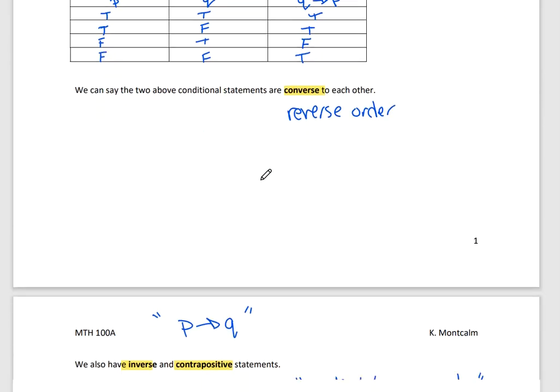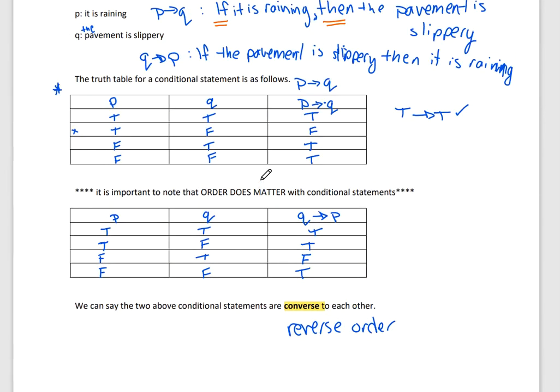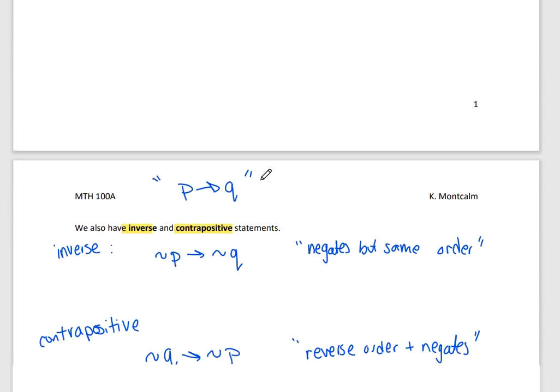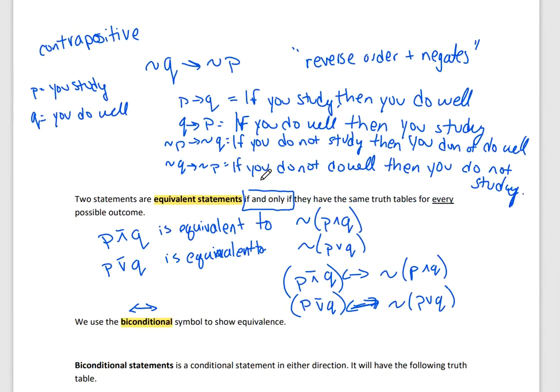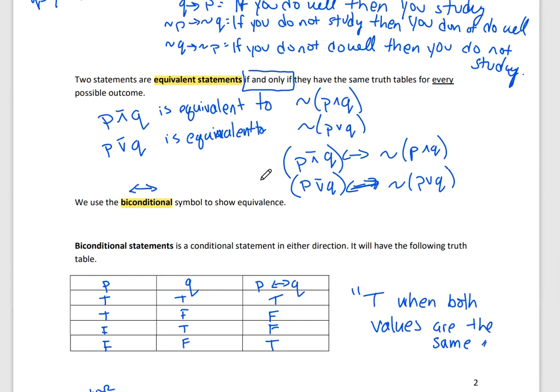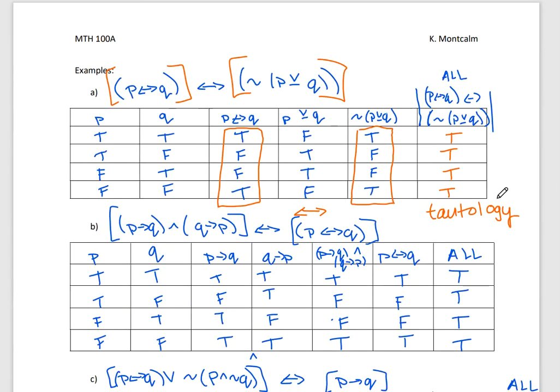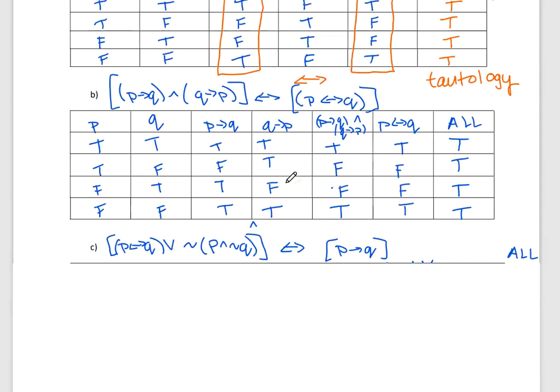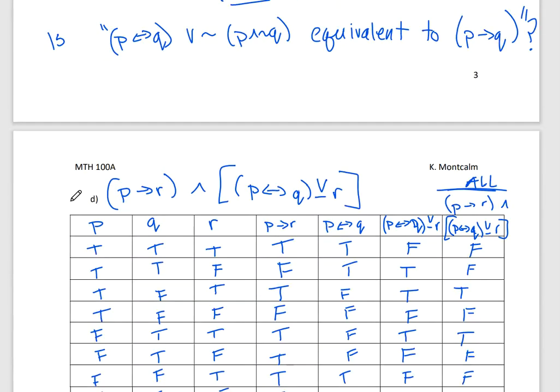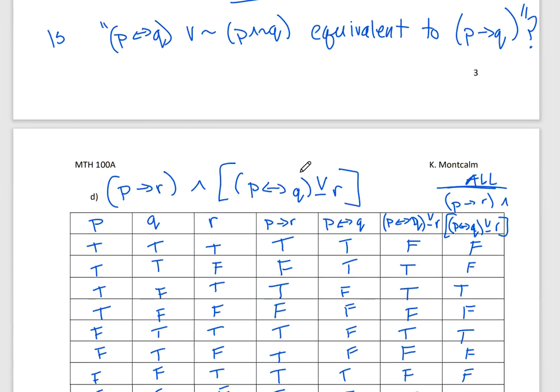We now know the definitions of conditional, converse, inverse, contrapositive, equivalent, and biconditional. We know when we use the biconditional to show equivalence, how we set that up in a truth table. We know how to prove equivalence, we know what a tautology is, and we know how to do any kind of truth table involving our new symbols of conditional and biconditional.